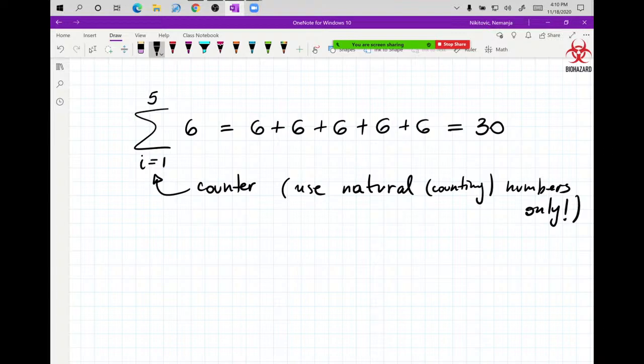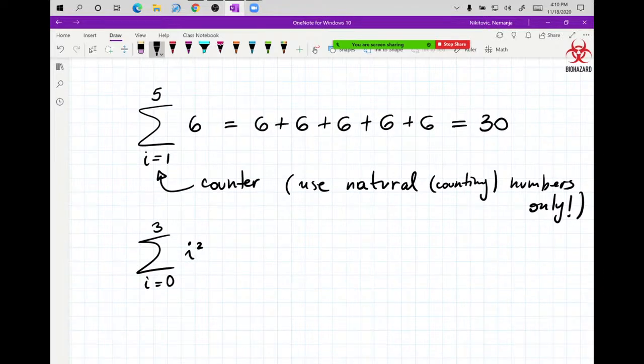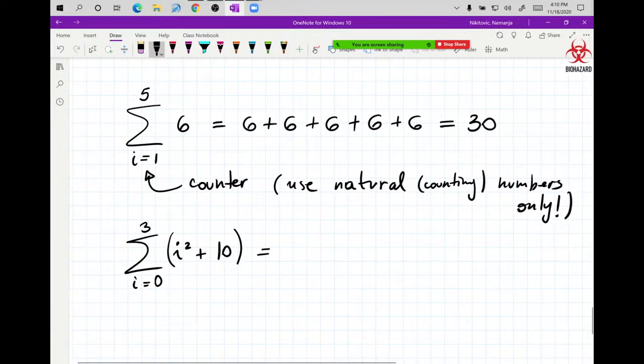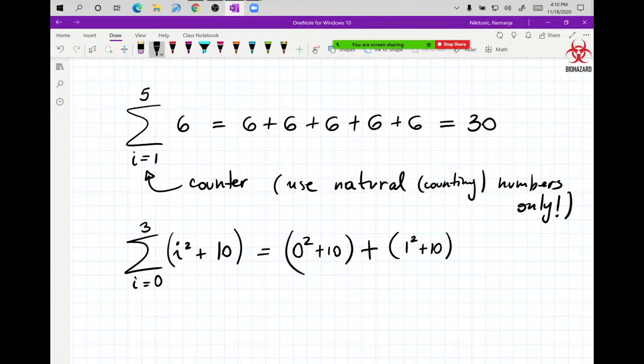Now, this i can also show up inside. So let's say i starts this time at 0, goes to 3, and you have i squared plus, I don't know, 10, it doesn't matter. Literally whatever. So the first time around, your i is 0. Okay, 0 squared plus 10. Plus, the next time around, i is 1. 1 squared plus 10.